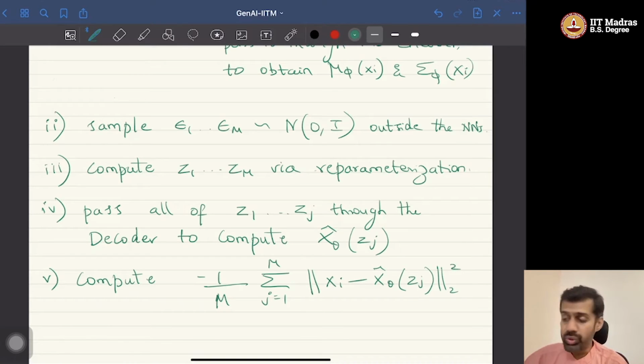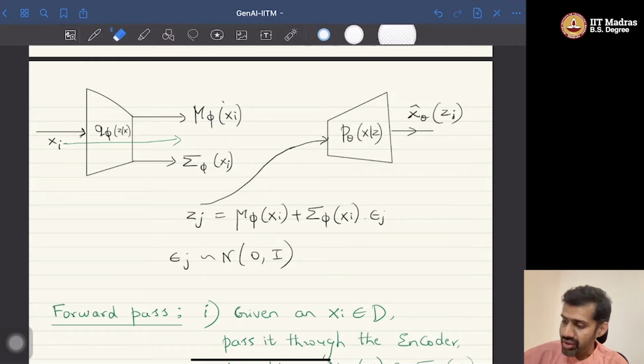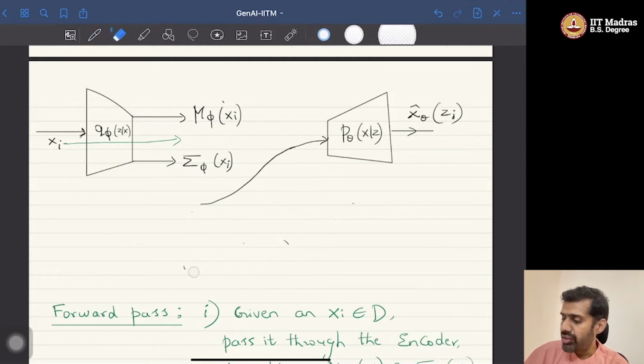That's it, you compute this. So this computation happens at the output of the decoder. So xi comes here and we compute zj. I will write it in green because we are writing the forward pass in green.